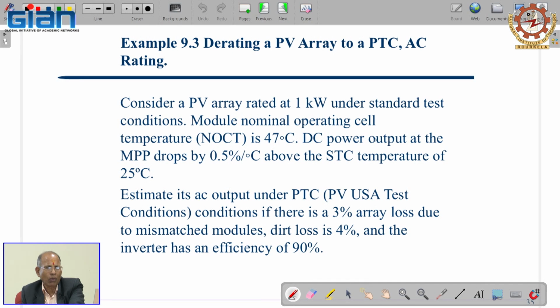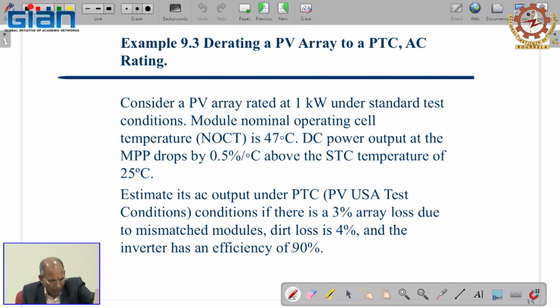So DC power output at MP peak drops 0.5% per degree above the STC temperature of 25. Estimate its AC power output under PTC conditions if there is a 3% array loss due to the mismatch of the modules, an efficiency loss of 4% because of the dust, and the inverter has an efficiency of 90%.